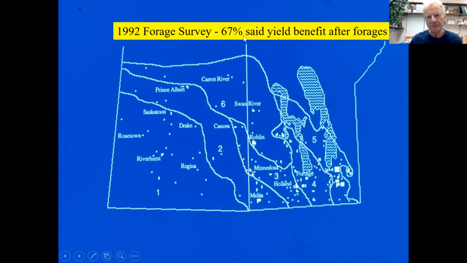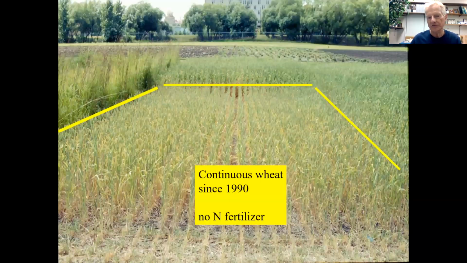And 67% of the farmers said they had a yield benefit after forages compared to where crop followed just in an annual rotation. So this really supports that Ag Canada data from Northern Alberta, which showed that alfalfa in the rotation increases yields. And so we set up a little experiment to look at that.